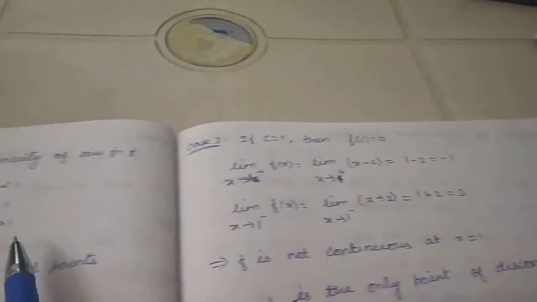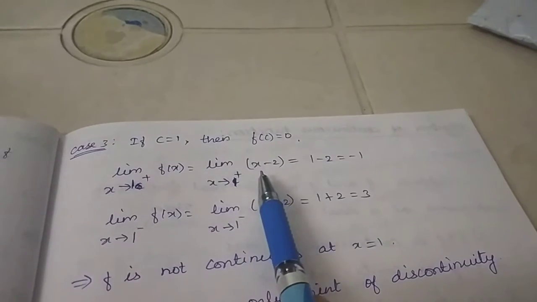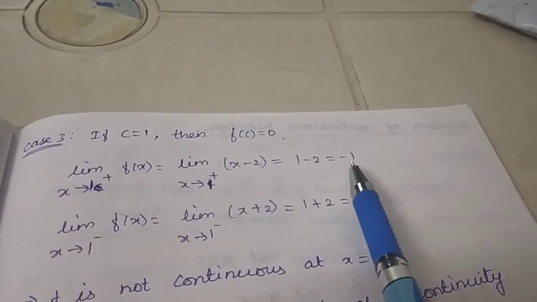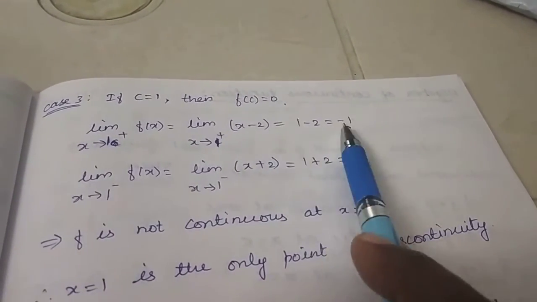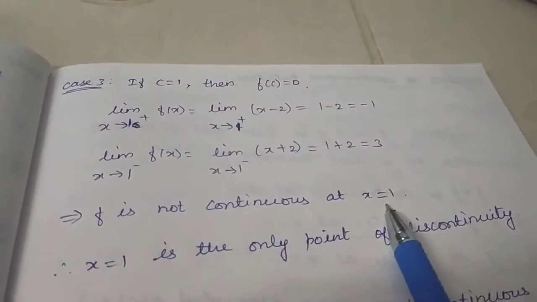Then if it is 1 minus, we have to consider x plus 2. So replace x with 1. So we will be getting the result as minus 1, but here the result is 3. Here these three limits are not equal. So we can say f is not continuous at x equal to 1.